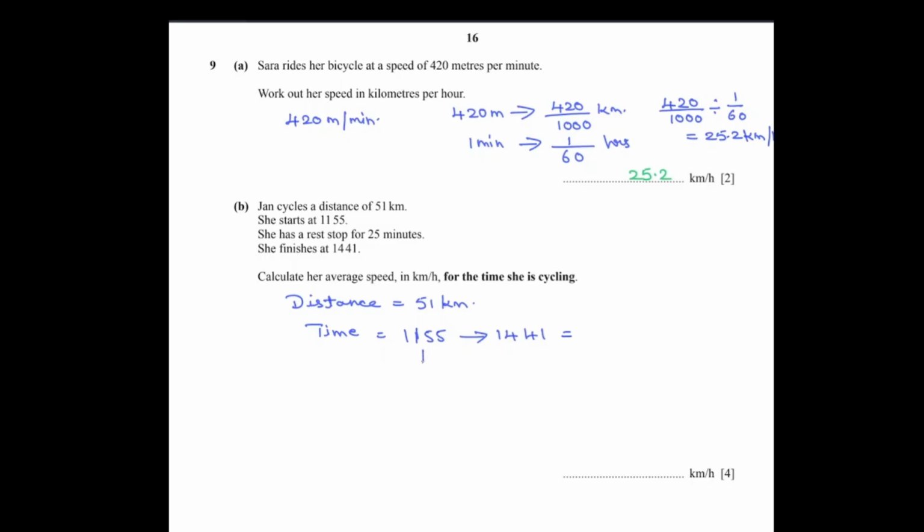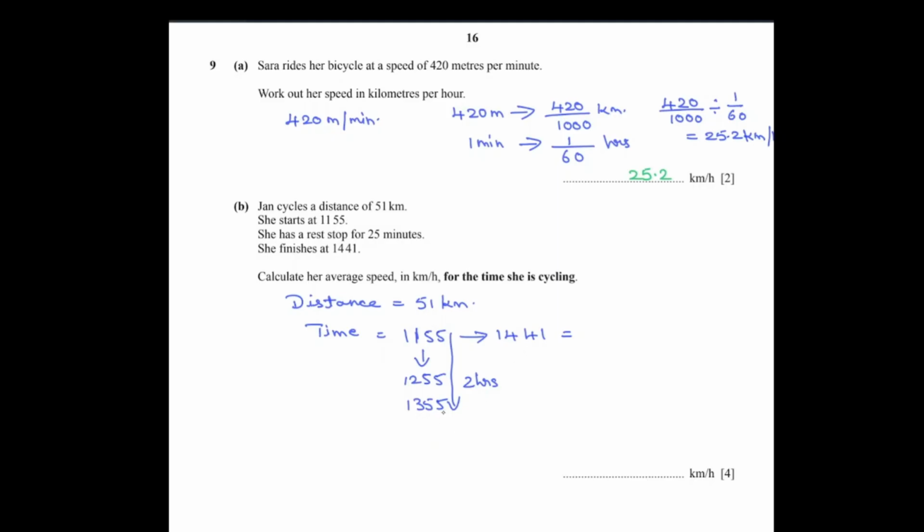So just calculate 11:55 to 14:41. 11:55 to 12:55 is 1 hour. Then 12:55 to 13:55 is another hour, so 1 plus 1, 2 hours. Till here it is 2 hours. Now the next is 14:41. It did not reach 14:55, so you have only minutes now.